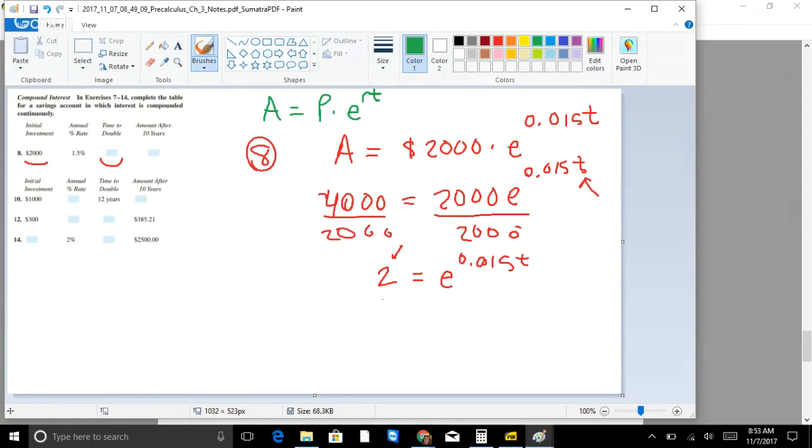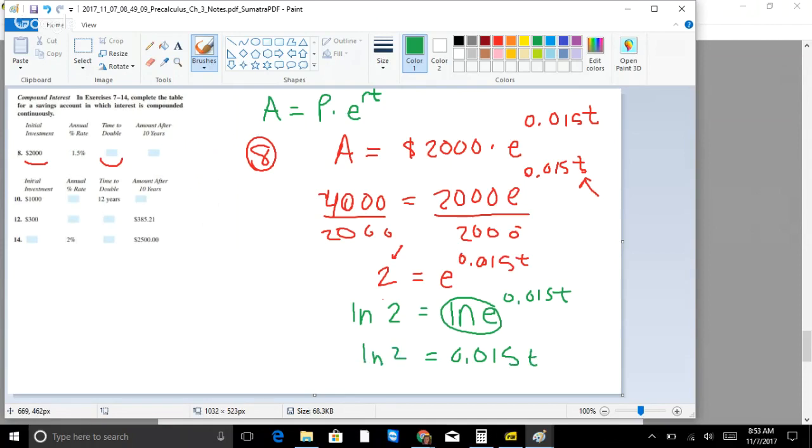In this case, we're going to take the natural log of both sides because we have our Euler number here, right? If I take the natural log of e to the 0.015t power, then by my inverse properties rule, these cancel each other out. The exponent comes down to the front, and I get that 0.015t equals the natural log of 2.